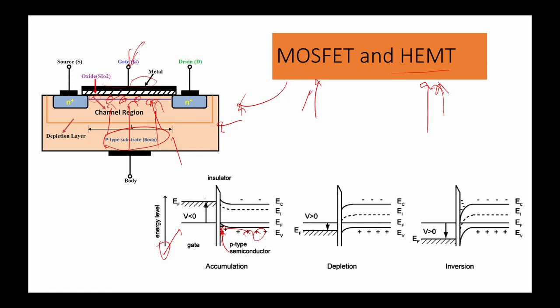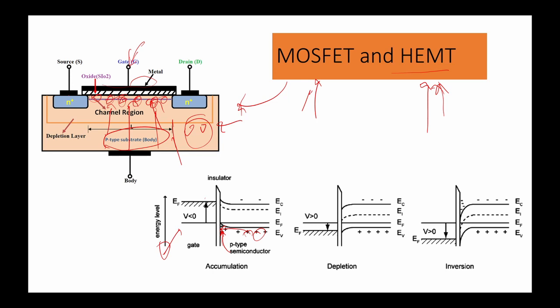Accumulation is when more of the majority charges are accumulated. Holes are the majority carriers and they are attracted here at this junction.